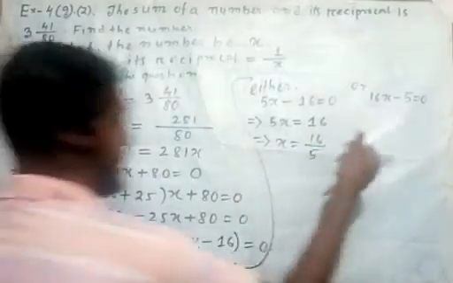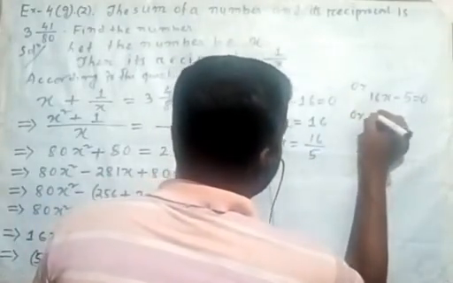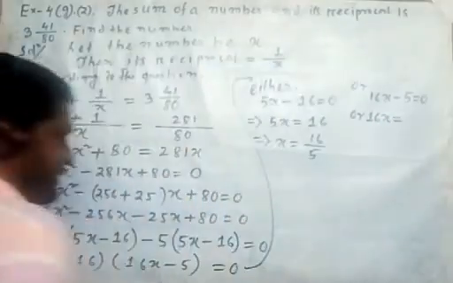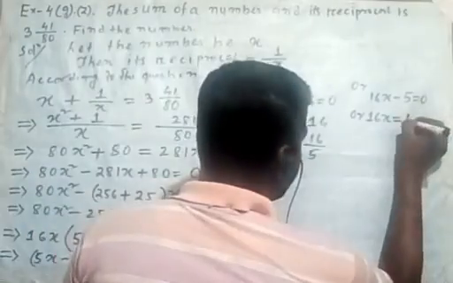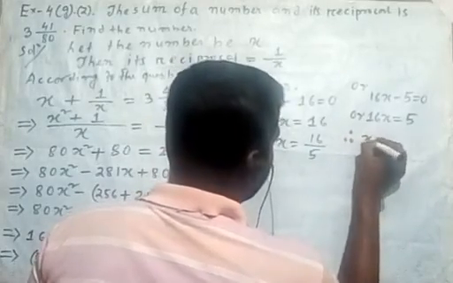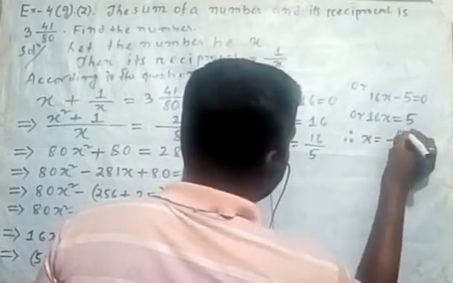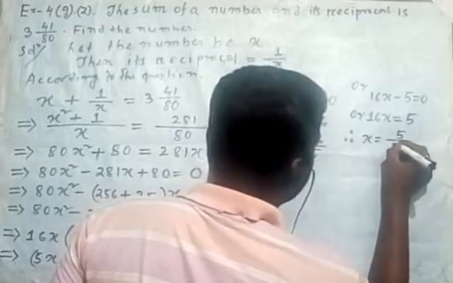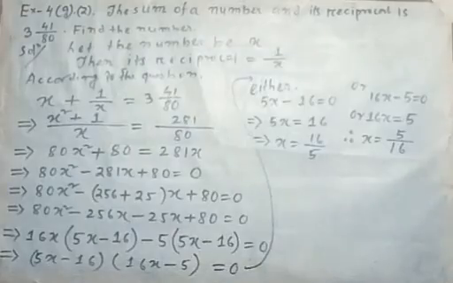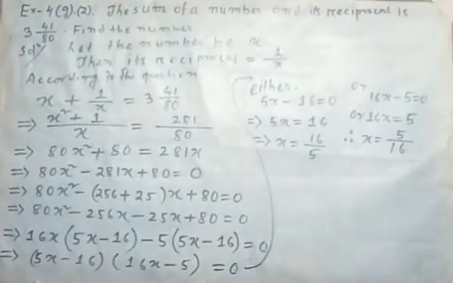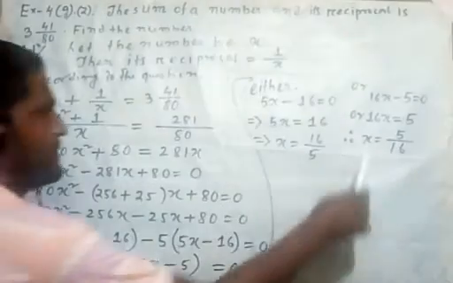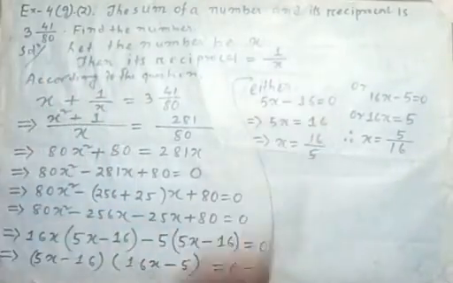And look at the second part, 16x equal to minus 5, changing the side, it will be plus 5. Therefore x equal to 5 divided by 16. So we got two values of x. One is 16 divided by 5, another value is 5 divided by 16.